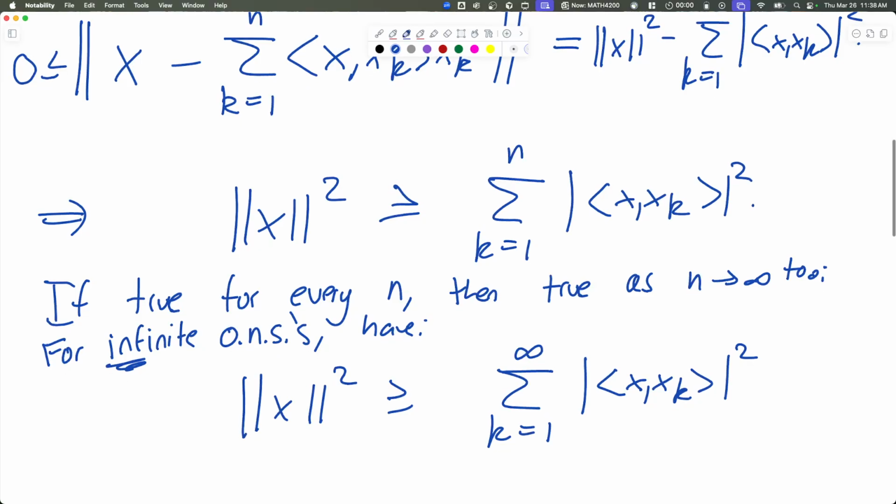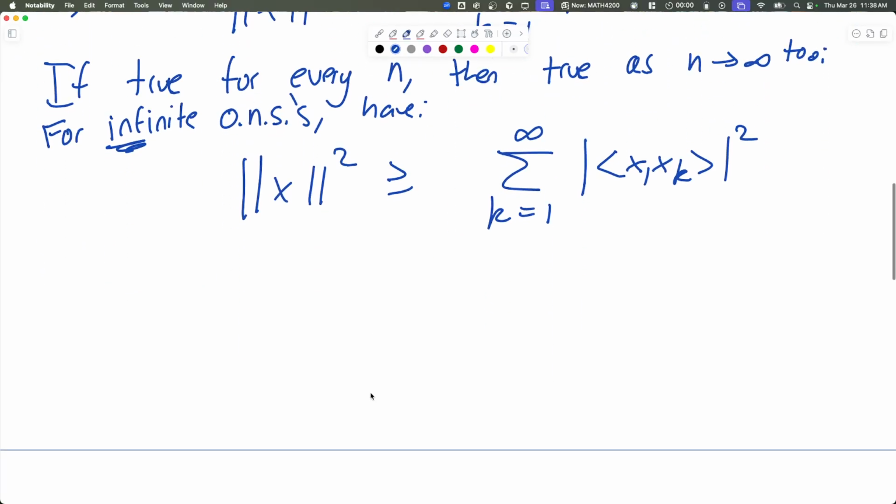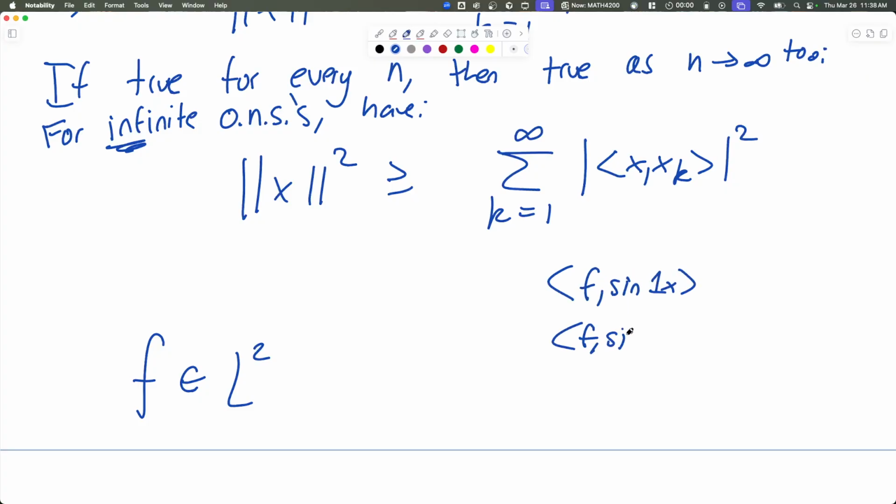And the way you can interpret this is if you have a function, so you have x you can think of as an element in the Hilbert space or the vector space you're doing. Okay, let's do it with f to be a little bit more concrete. So let's say you have f in L2, and then on the other side, you have this sequence of inner products. You have f with sine of 1x, f with sine of 2x, f with sine of 3x, and so on.